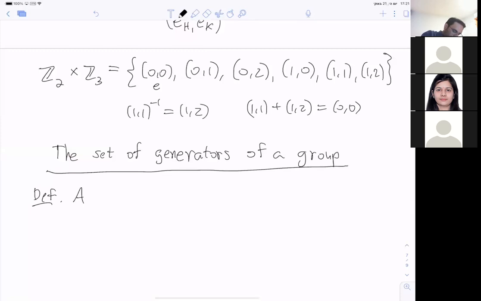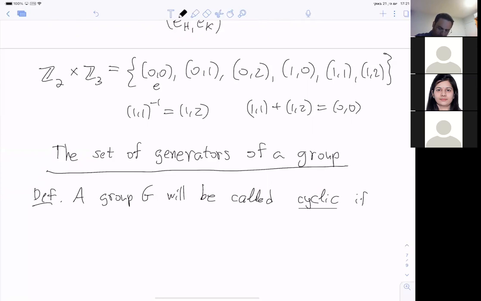A group G will be called cyclic if G can be generated by a single g in G.